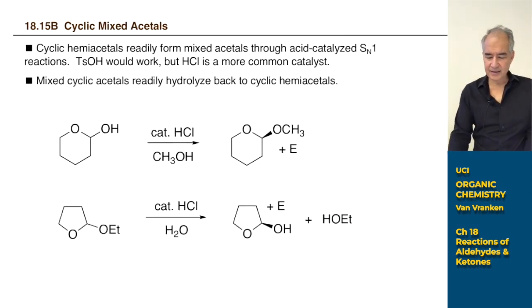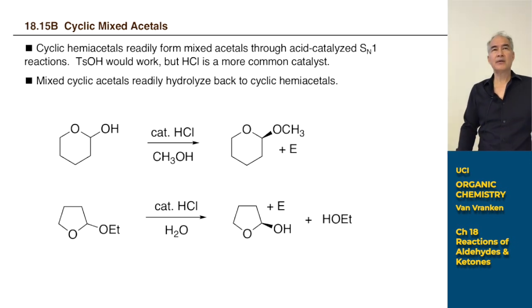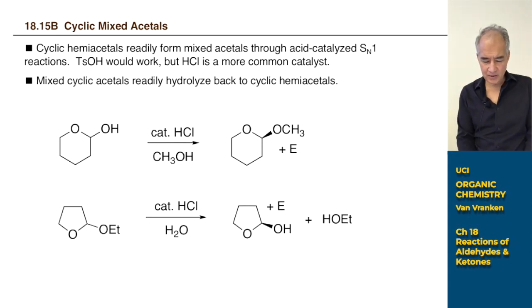If I take one of these cyclic hemiacetals, we can treat this with catalytic acid. These are conditions that you learned back when you did SN1 reactions in the first quarter of organic chemistry. You take some sort of acid catalyst, catalytic HCl is the common one, and then you put methanol into the solution, and you can do an SN1 reaction.